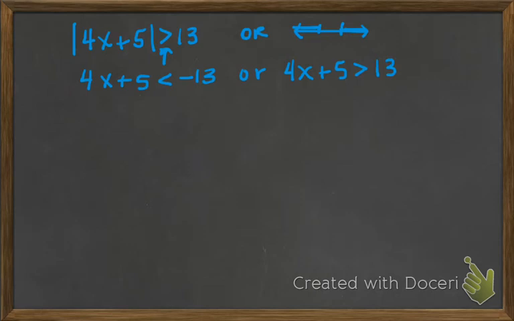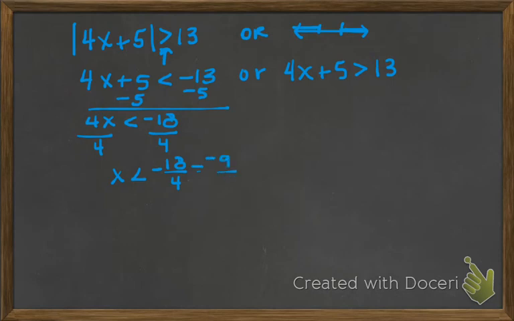We're going to begin solving this one by undoing the positive 5 on both sides, and we get 4x is less than negative 18. Divide both sides by 4, and we get x is less than negative 18 over 4, which reduces to negative 9/2.